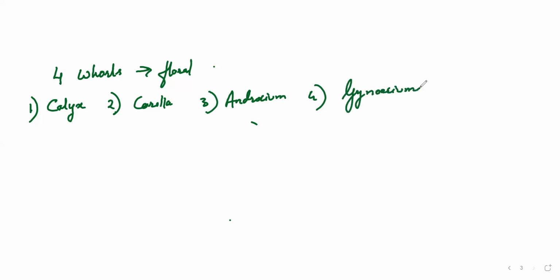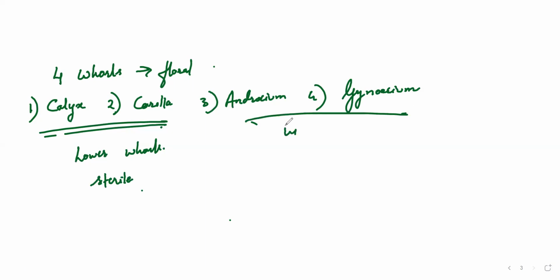Okay, so out of this, the first two are the lower whorls, and they are usually sterile. And the other two are the upper whorls. They are usually fertile because these two whorls only help in the reproduction purpose.